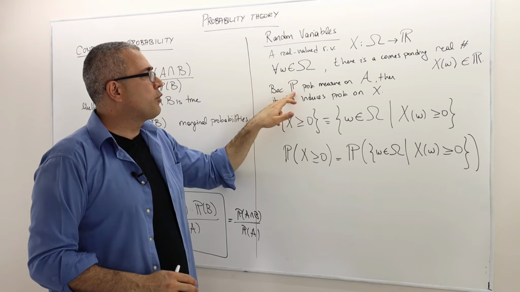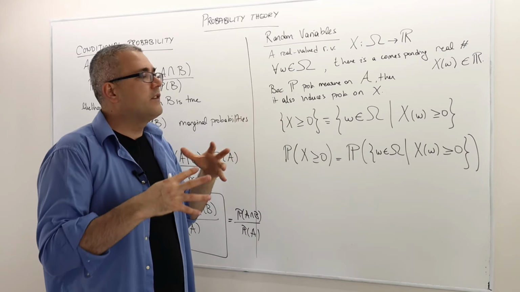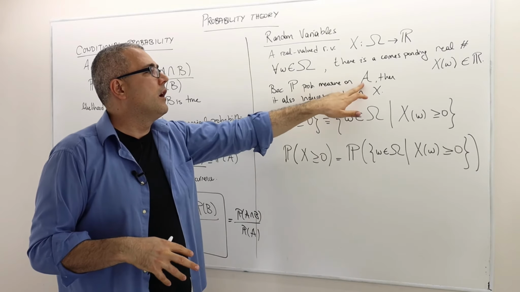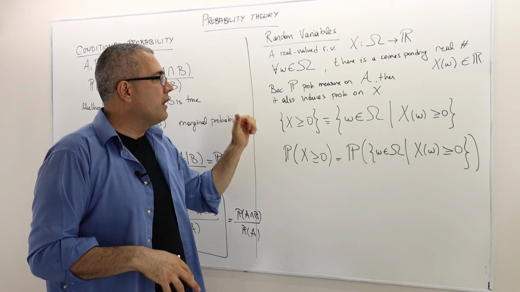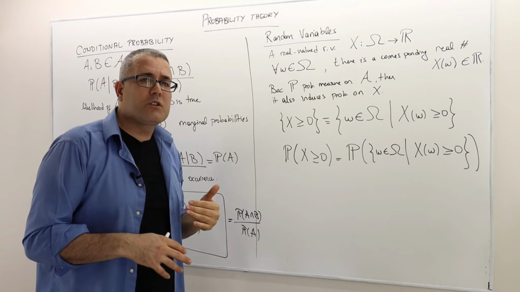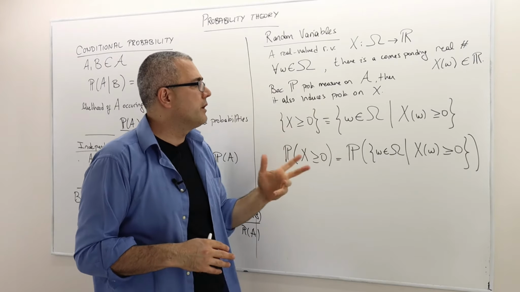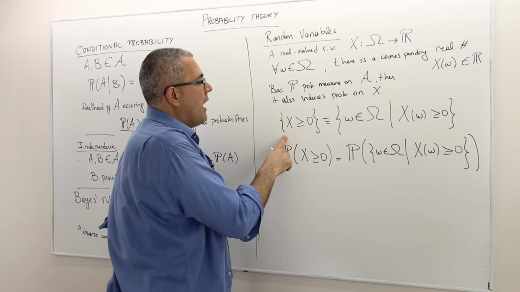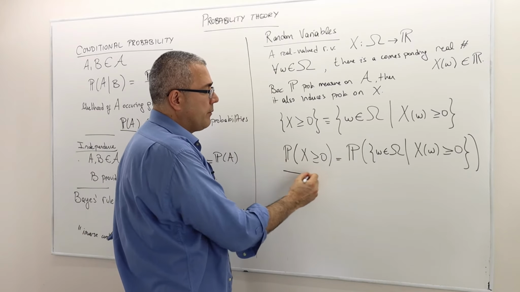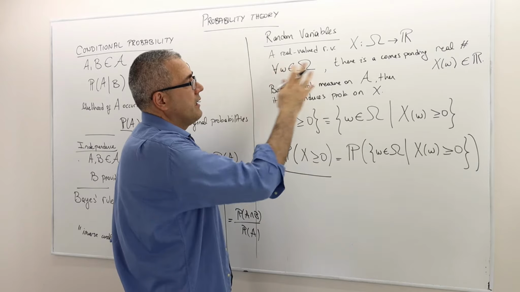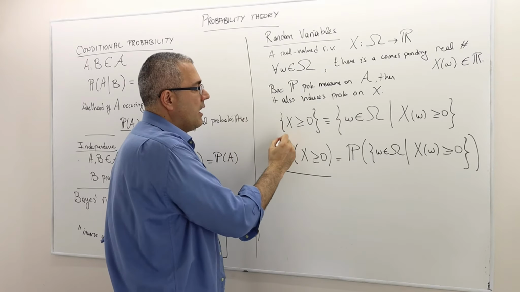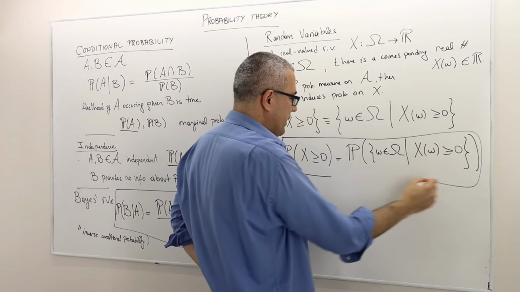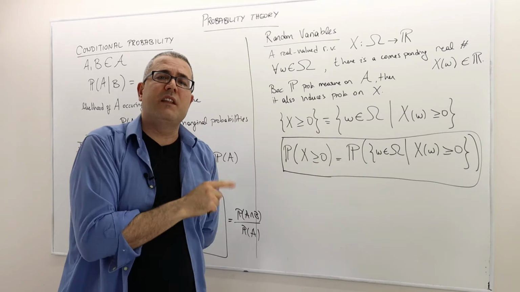Well, because the probability measure P is a measure on the set of all events, it actually also induces a probability on the random variable X. For example, how can I calculate the probability that my random variable, supposing that it's real valued, is non-negative?